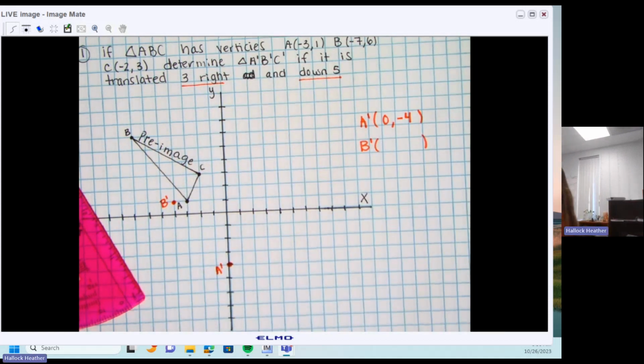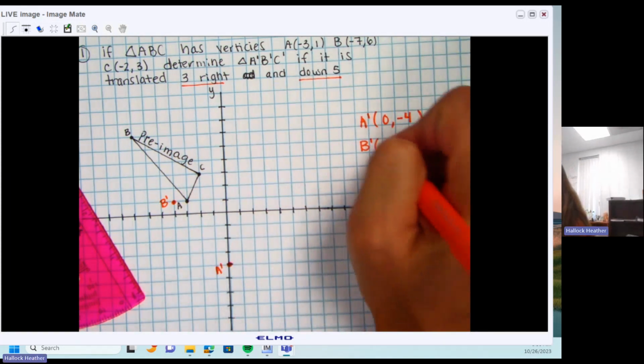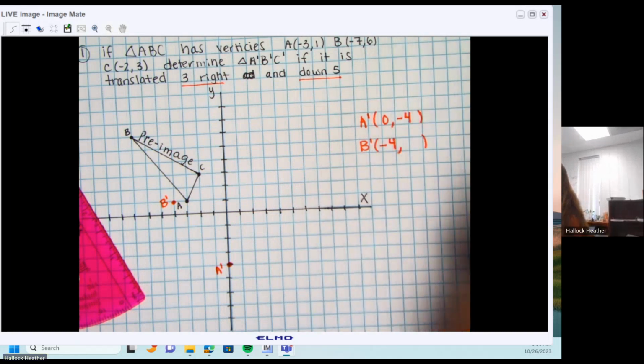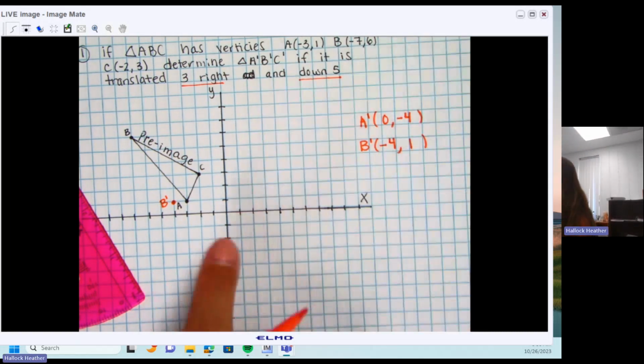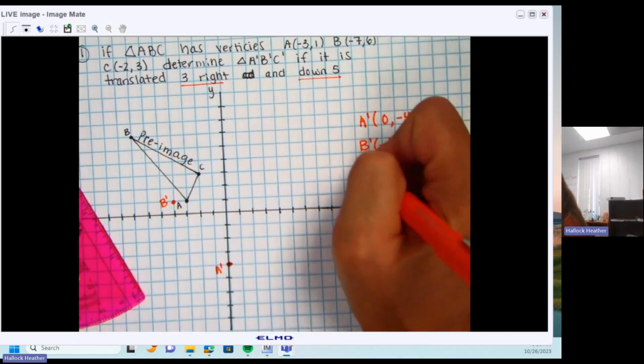So disregarding A, disregarding the rest of it, what is the coordinate point for B prime from 0, 0? How much do I have to go to the left and how much do I have to go up? What would that coordinate point be for B prime? -4, comma, what? 1. So I went to the left 4, I went up 1, so B prime is at -4, 1.